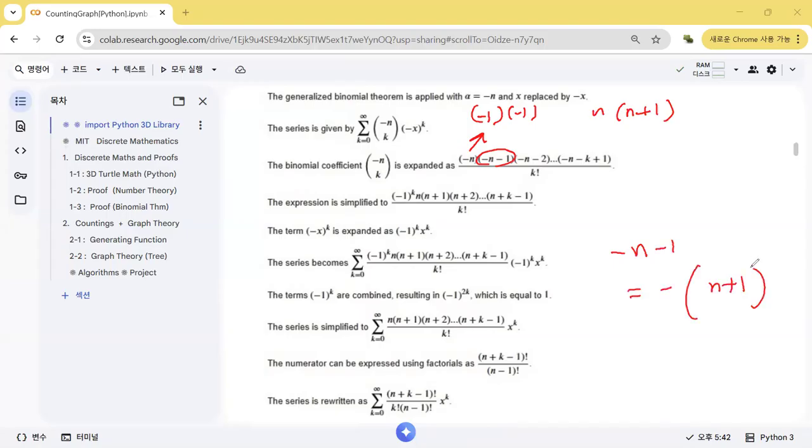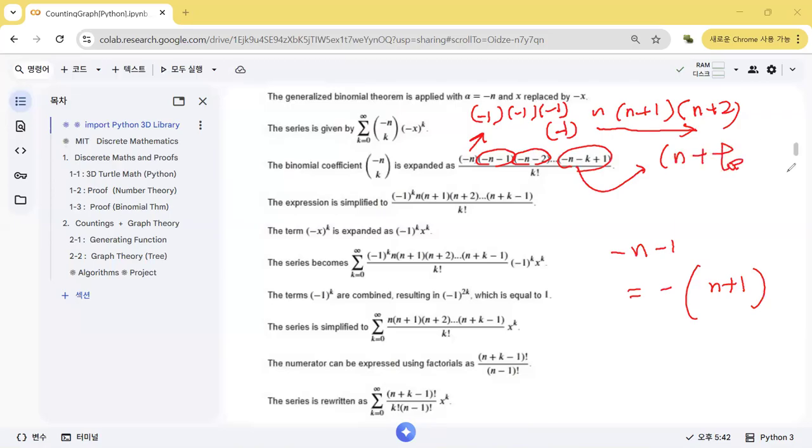Okay. So just separate this into two parts. This is minus 1, and the last one is n plus k minus 1. Now this is in increasing order. Take out the minus 1 sign, then the remaining one is n plus k minus 1. Now there comes minus 1 to the k.